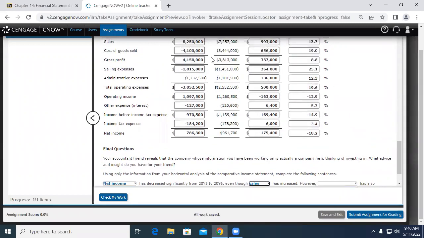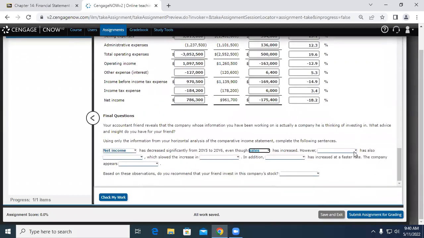Why is that? Well, cost of goods sold went up by 19%. Their selling expenses went up by 25%. Their total operating expenses went up by 19%. In the same period that sales went up only 13%. However, cost of goods sold has also increased, which slowed the increase in gross profit.